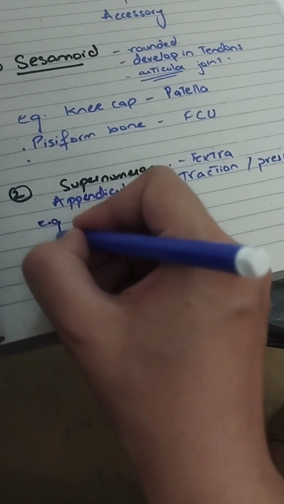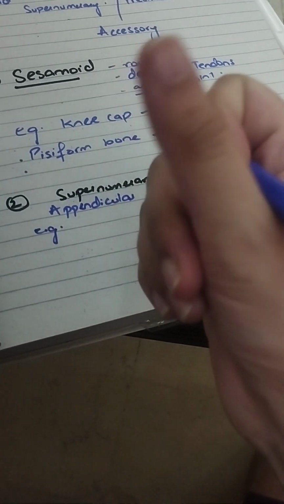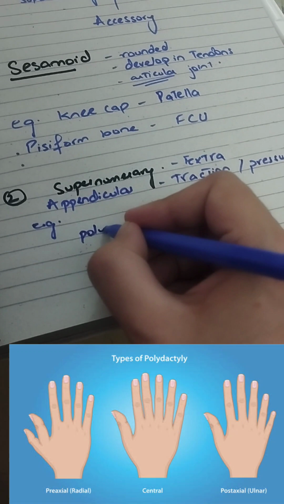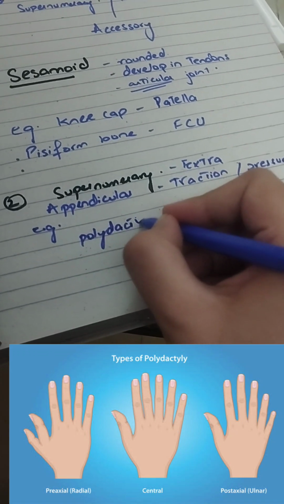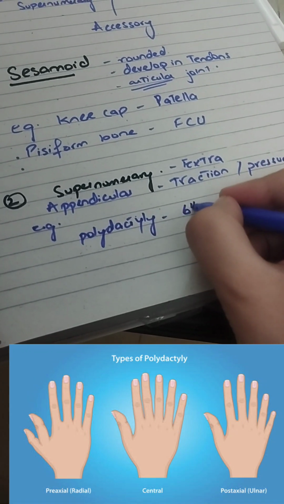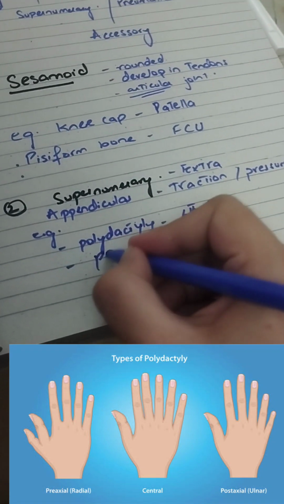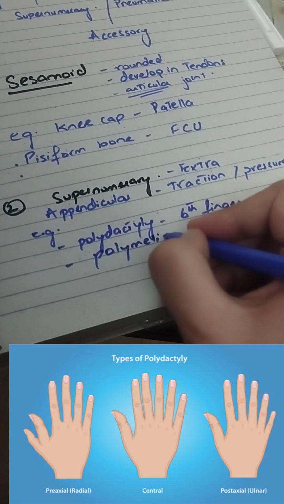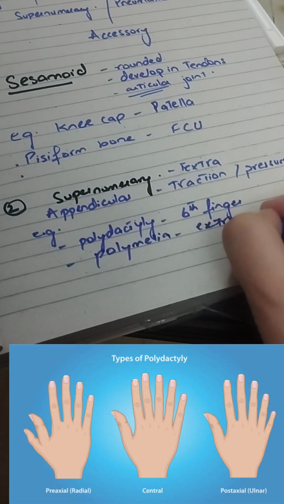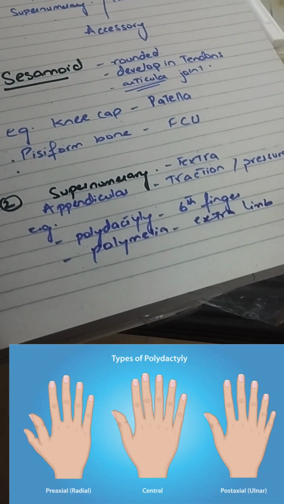A typical example is when people have an extra thumb or an extra finger, which we call polydactyly, which is the sixth extra finger, or polymelia. Polymelia means you have an extra limb, for example, an extra upper limb.